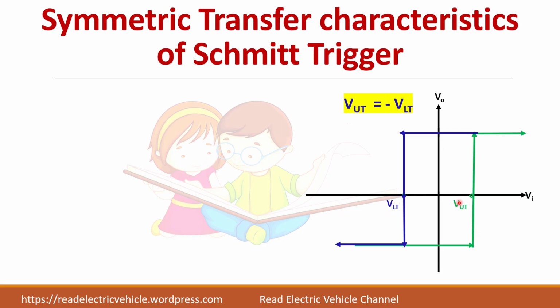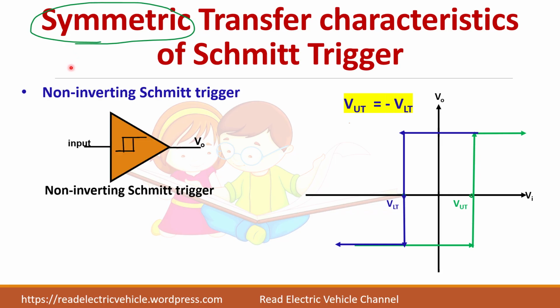When these two are equal in magnitude but opposite in polarity, you will get a symmetrical characteristics, like this. So this is basically the transfer characteristics of a non-inverting Schmitt trigger. It is usually represented by this symbol here.